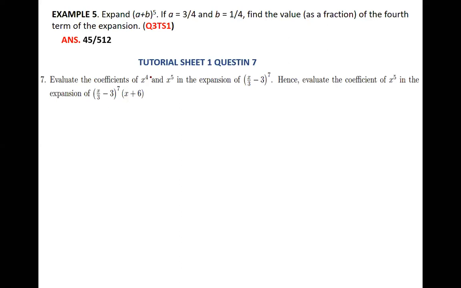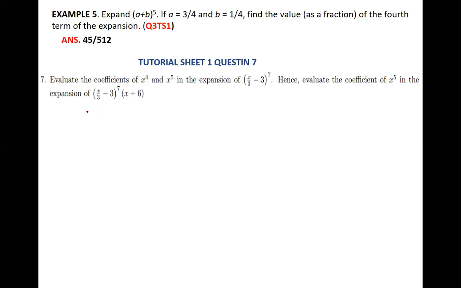So here, the question is straightforward. It's asking us to find the coefficients of x to the power 4 and x to the power 5. And hence, we've been told to find the coefficient of x to the power 5 in the expansion of this. So this question might look by sight to be a little bit complicated, but it's straightforward.